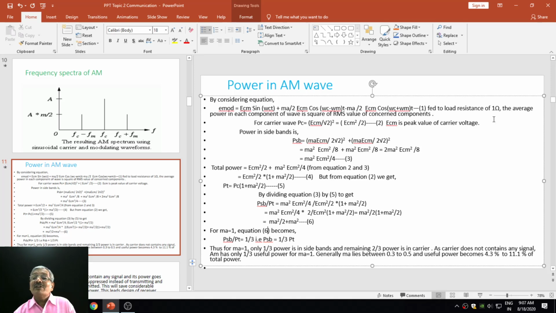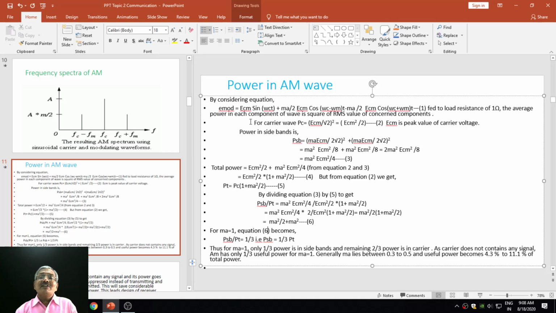So the power is equal to the square of the respective amplitude of the component. As the signal is a varying signal, we are going to consider the RMS value of the respective components. Hence, we can say the average power in each component of the wave is the square of the RMS value of the concerned components.